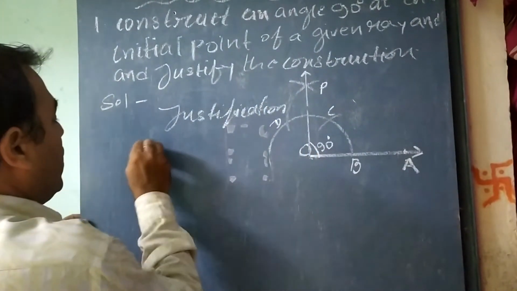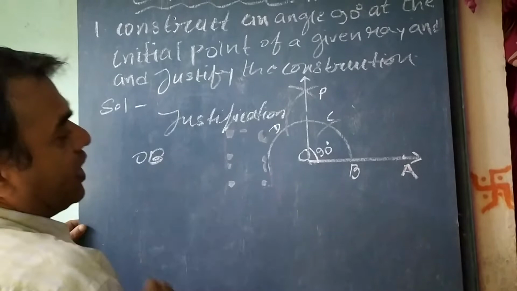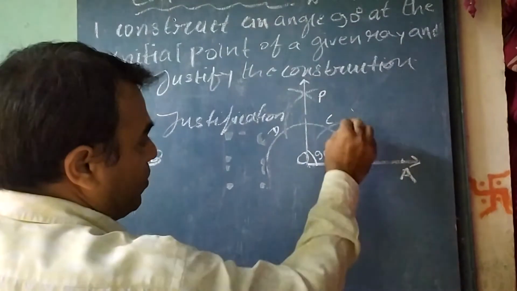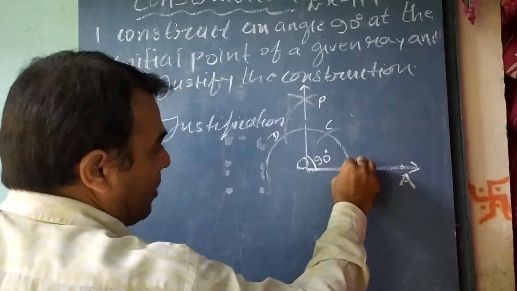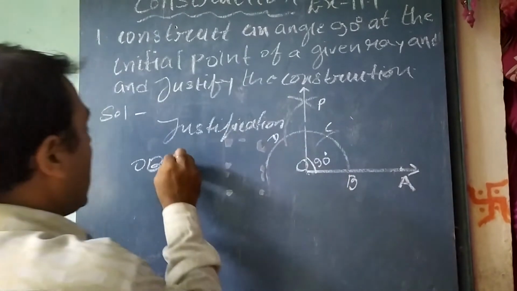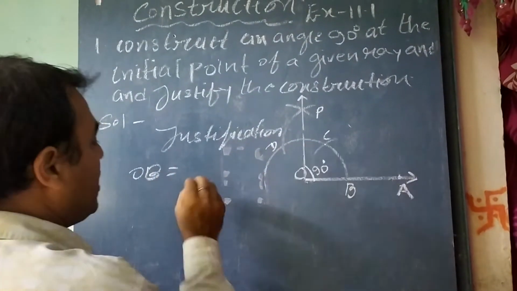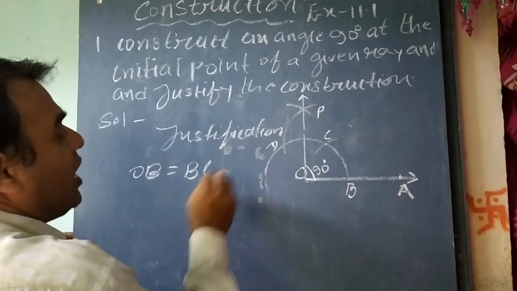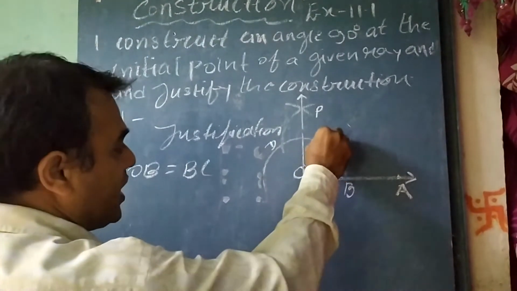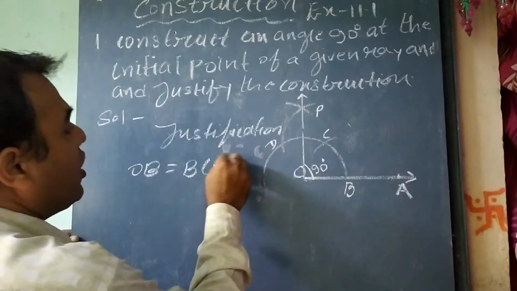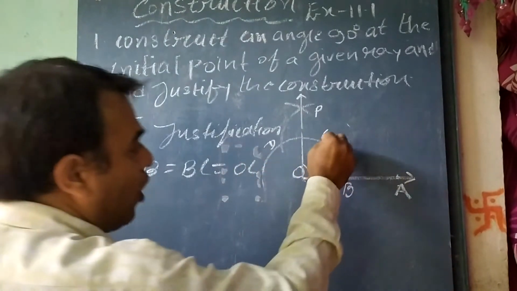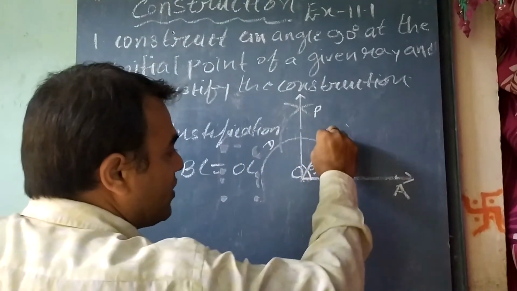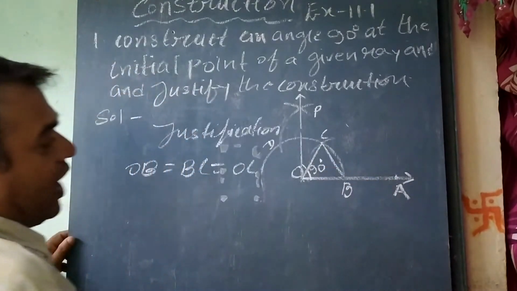OB is a radius, equal to OC, as BC is also an arc drawn with the same radius. So BC, and then OC is a radius of the same arc, so equal to OC. So it forms an equilateral triangle.